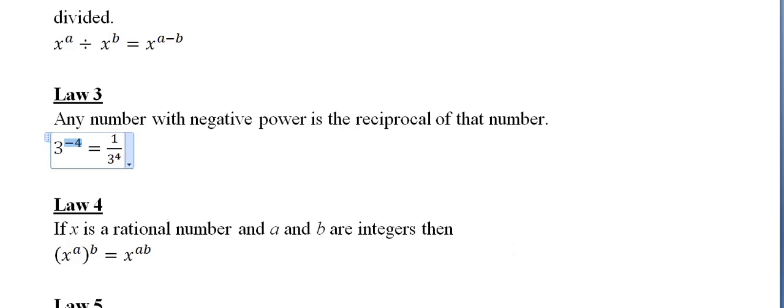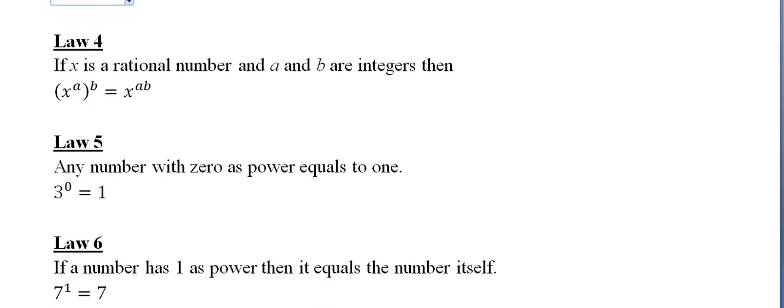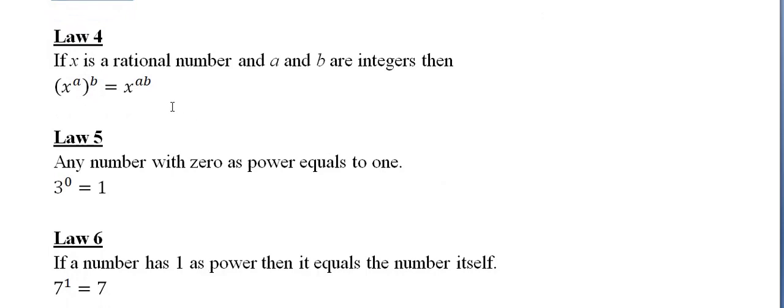Now, law number 4. Law number 4, as it is mentioned in the book, because I couldn't find a very simple term to explain. So x is a rational number. I hope you know what a rational number is. Integers you already know.